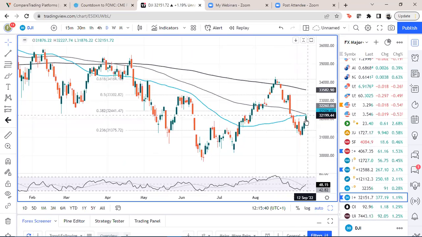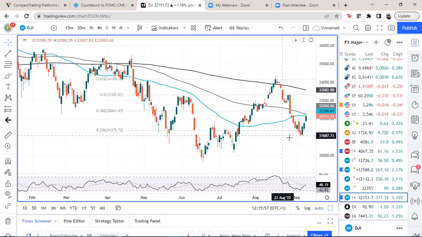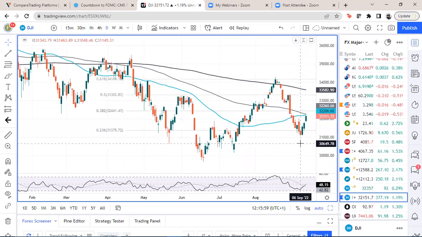Again, if we do break these simple moving averages before then, we get to the halfway point of this year's high down to this year's low, which I've got around 33,300. And then support as a minor fib level before last week's low is just above 31,000 in the Dow.